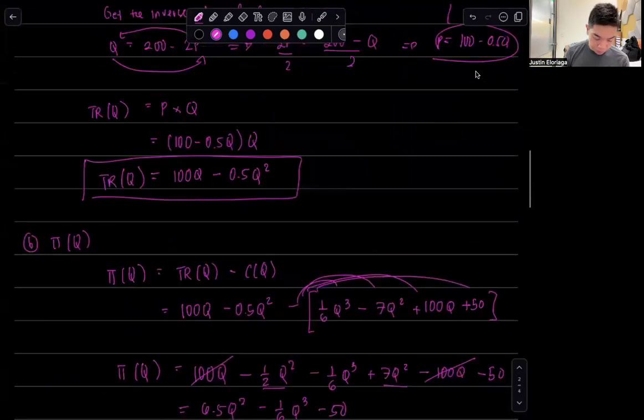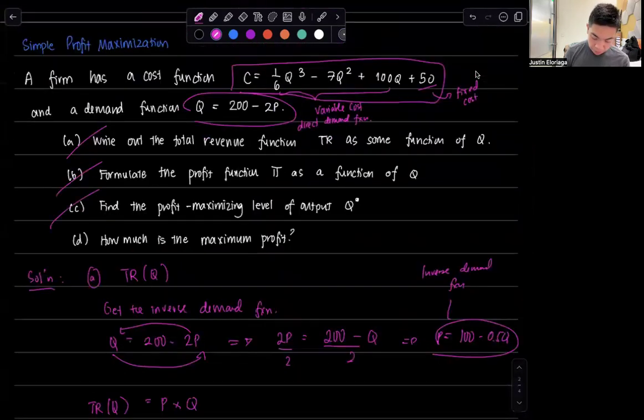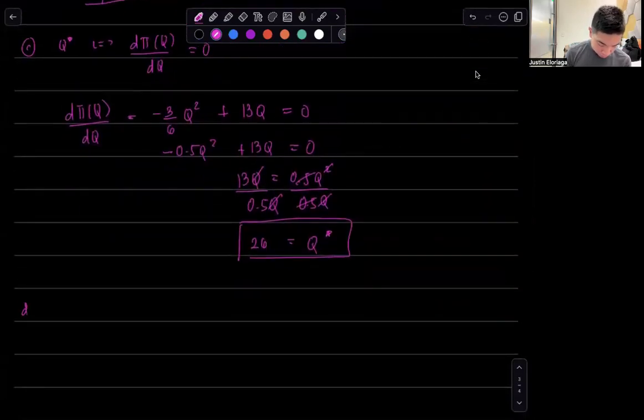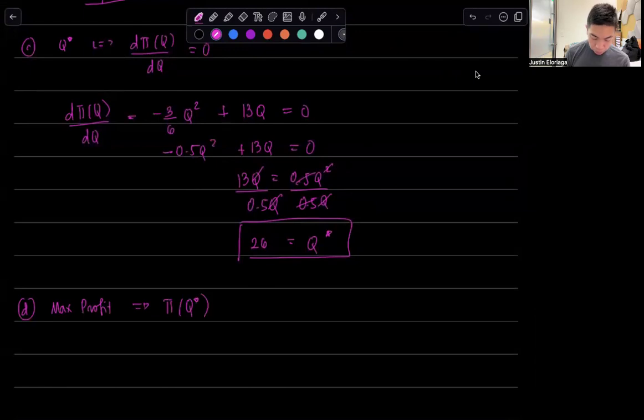So that's letter C, the profit maximizing level of output. The last question is, what is the maximum profit? All we need to do is plug that Q star into the profit function.